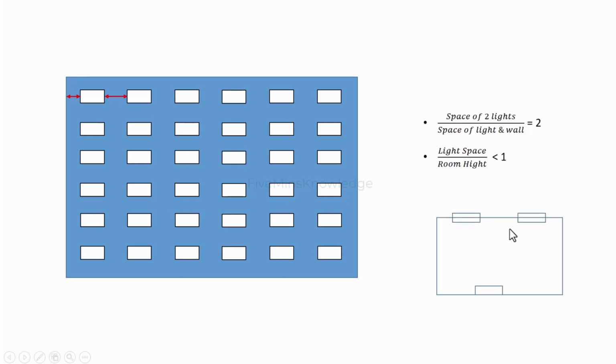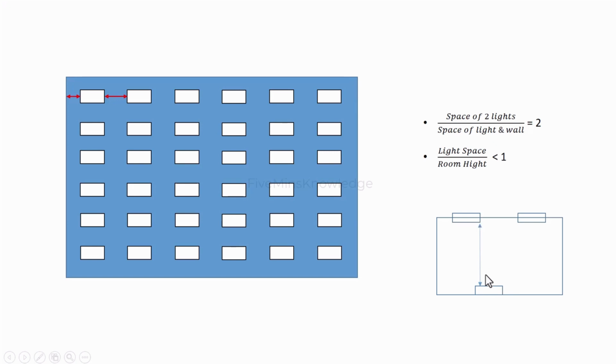That means suppose we have a lamp, we have a light here, and this is the room height. But here this room height is not this side, the light to ground. Room height is the working plane height. Suppose you are working on a table, so the table height would be considered.